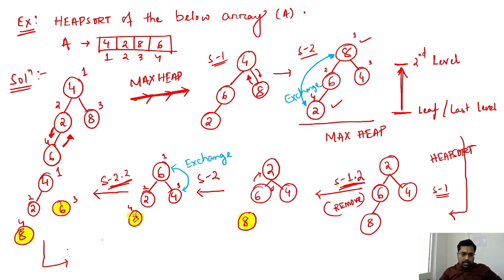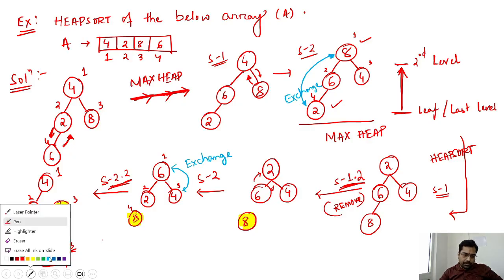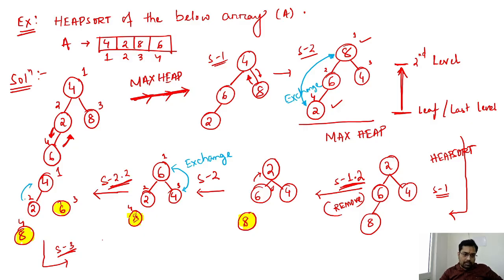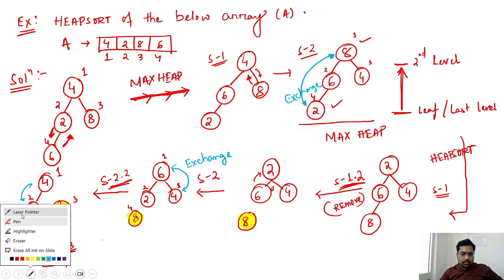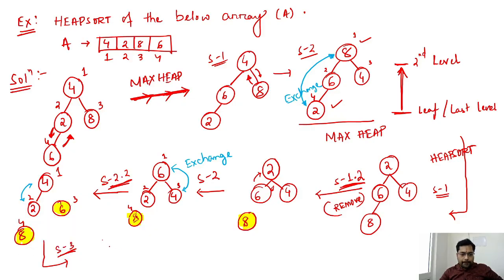Now it's step 3. In step 3, what we have to do is go for the exchange. For the exchange, you can write 2 on the top, then 4 connected to 6 and 8.